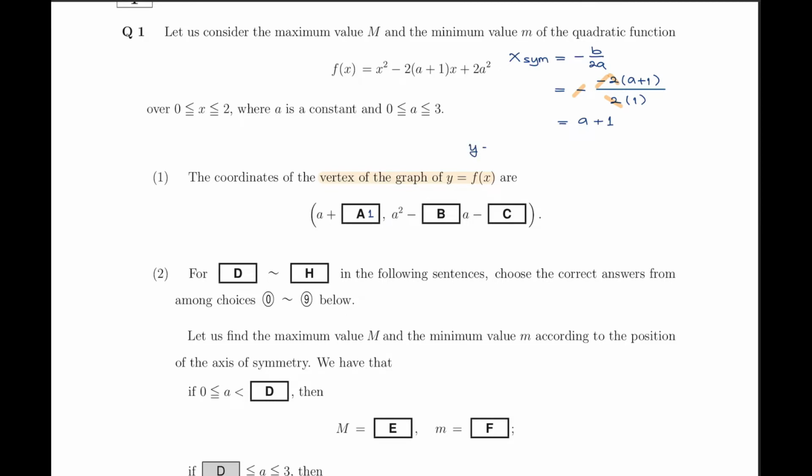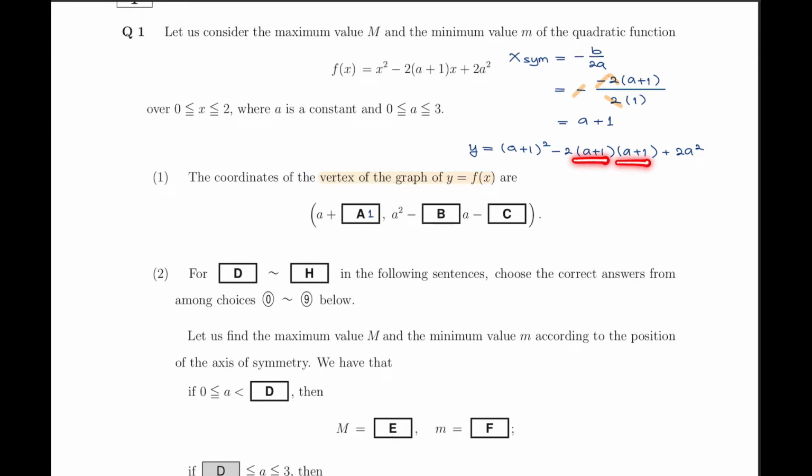So let's substitute a plus 1 into the equation. It becomes (a plus 1) squared minus 2(a plus 1) times x, where we substitute x by a plus 1, plus 2a squared.